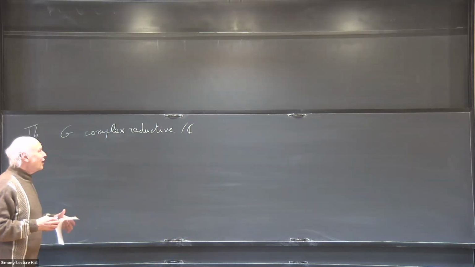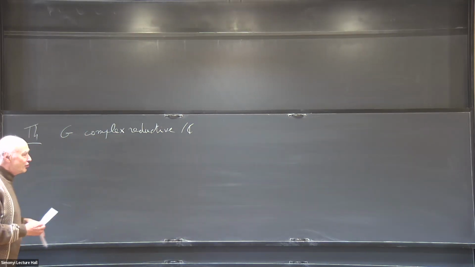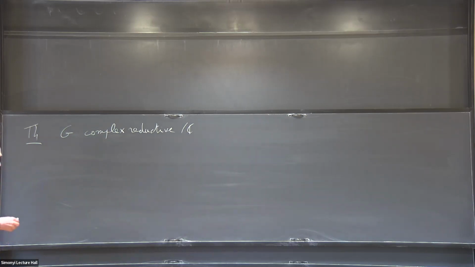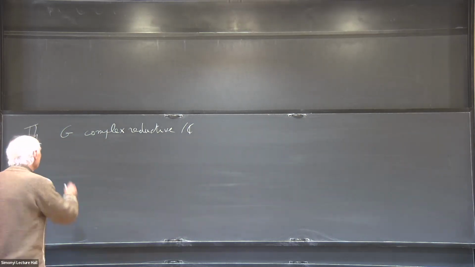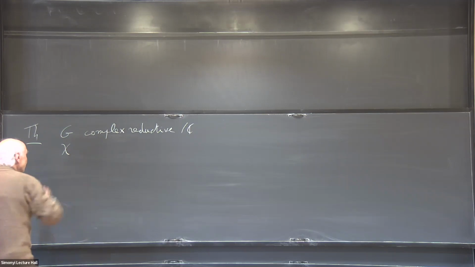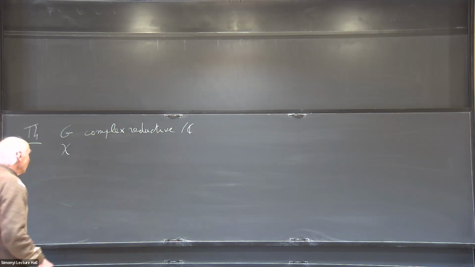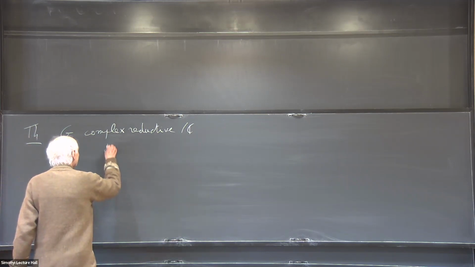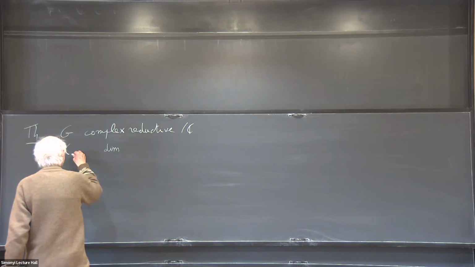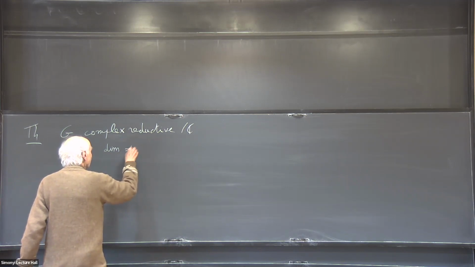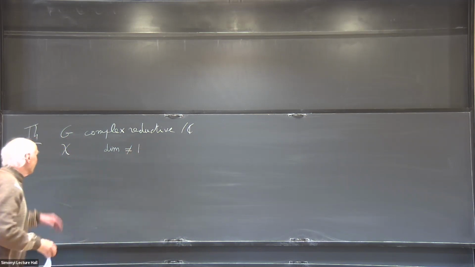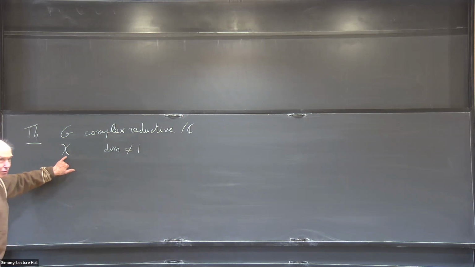So an algebraic map from the group to GLn. I want them to be irreducible, and I am interested in the character of such an irreducible representation. And I assume that the dimension of the representation is not one, meaning the value of the character of the unit element is not one.